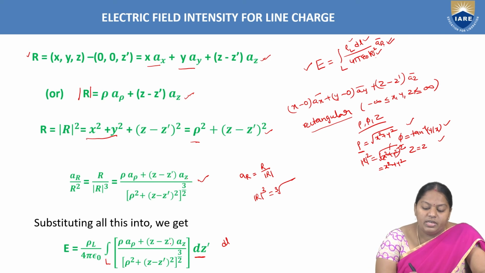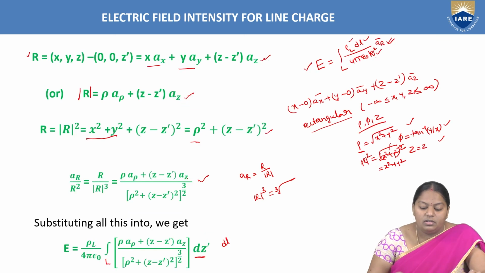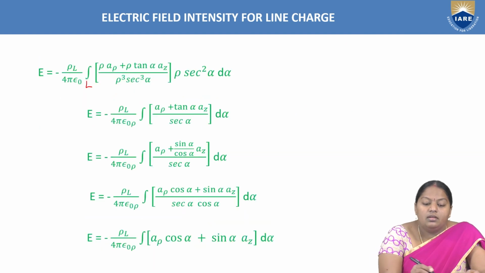See here, z minus z' from the figure is rho tan alpha, and dz' is minus rho secant square alpha d alpha. Then if you substitute z minus z' by rho tan alpha and dz' by minus rho secant square alpha d alpha in the above equation, this is minus rho L by 4 pi epsilon naught rho integral L rho a rho, then rho tan alpha az by rho cube secant cube alpha into rho secant square alpha d alpha.